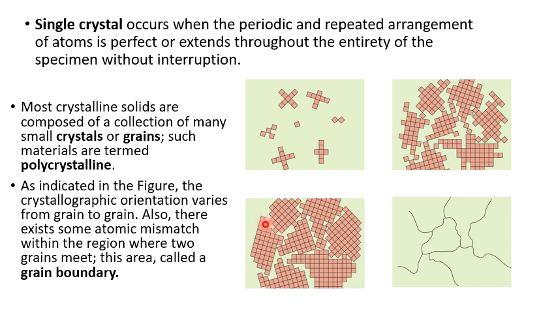The mismatch between the orientations creates what is called a grain boundary. Thus, the microstructure of metals and alloys consists of grains and the grain boundary.